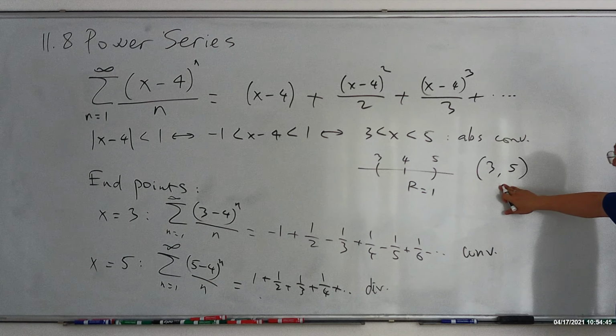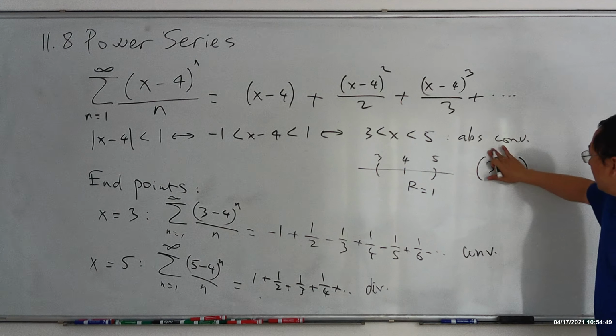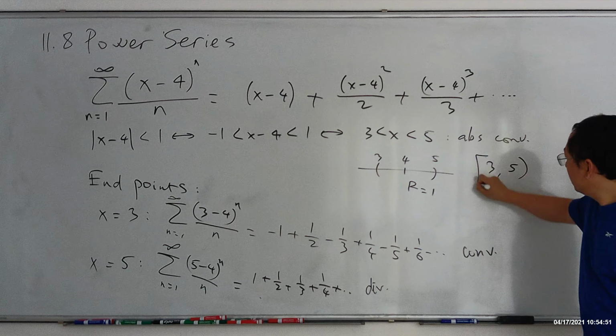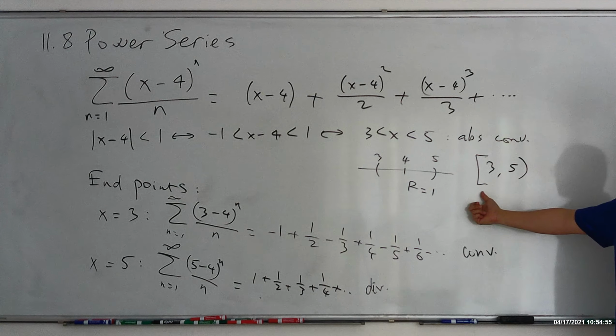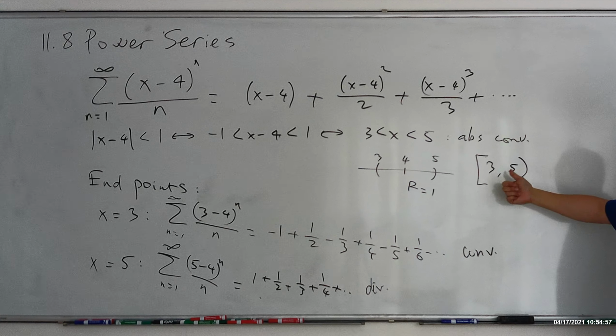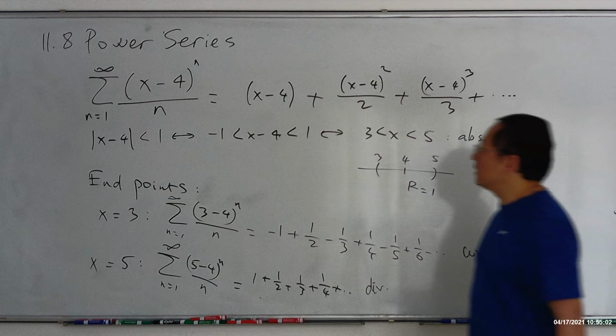So you have to change this a little bit. It's not parentheses on both sides. The correct answer will be this: closed on the left and open on the right. This is convergent all the way from 3 to 5, including 3, excluding 5.